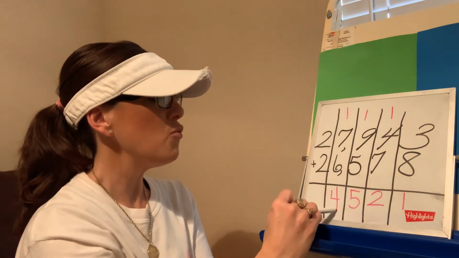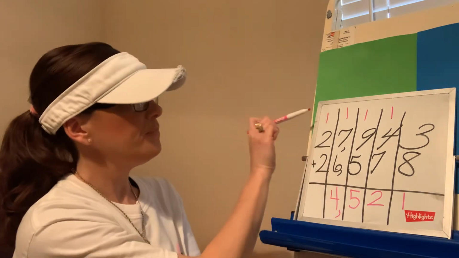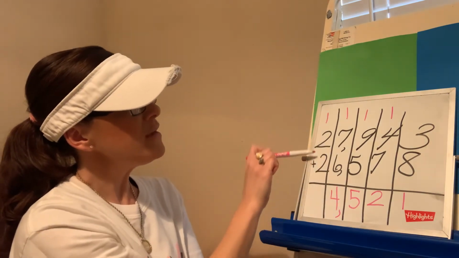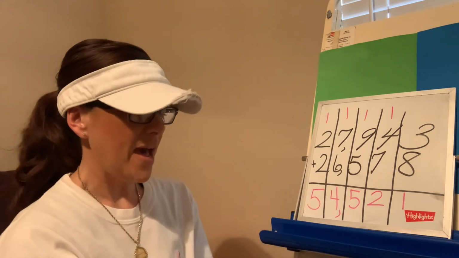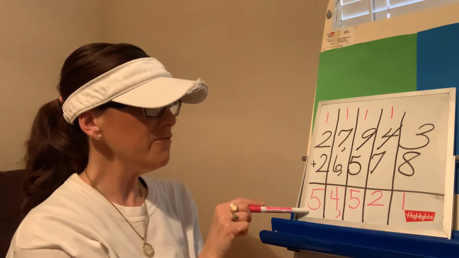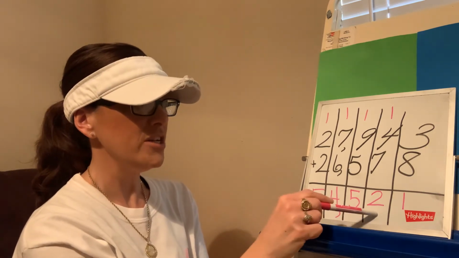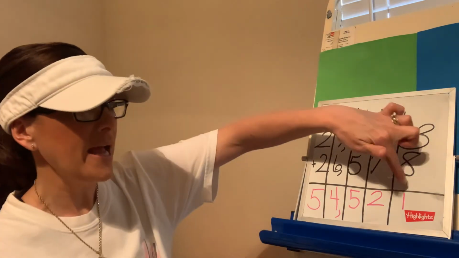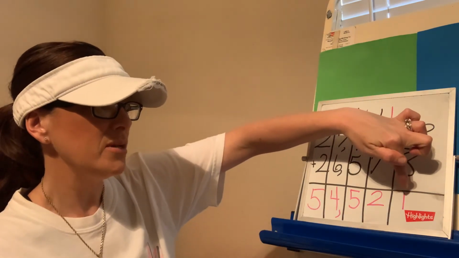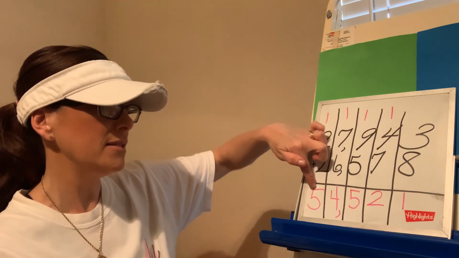Bring down your 4, bring down your comma, carry your 1. 1 plus 2 is 3. 3 plus 2 is 5. So the final answer, 54,521.